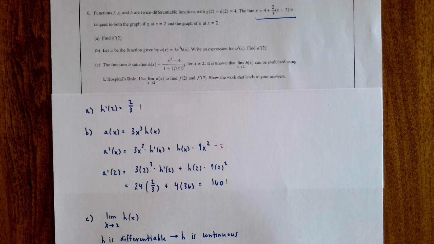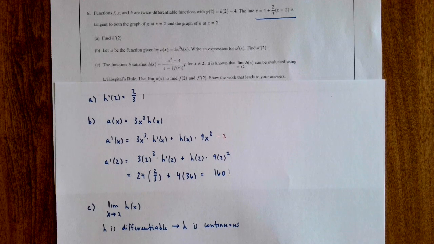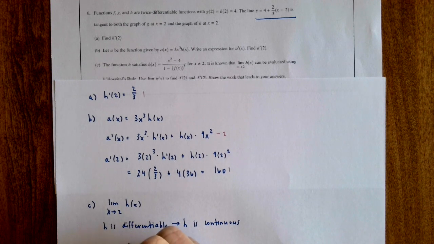Remember, once I know a function is continuous, I know the limit of that function at a specified value is equal to the function value. So that means the limit as x approaches 2 of h of x must be equal to h of 2.